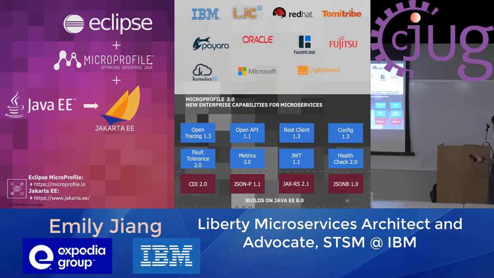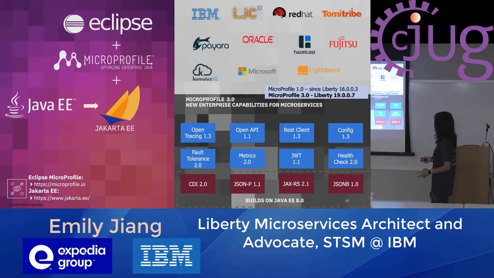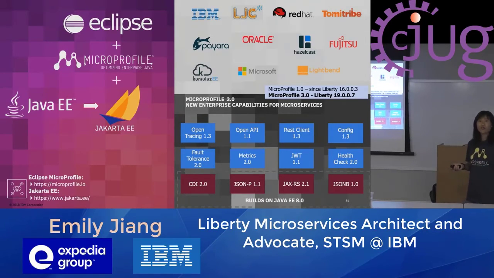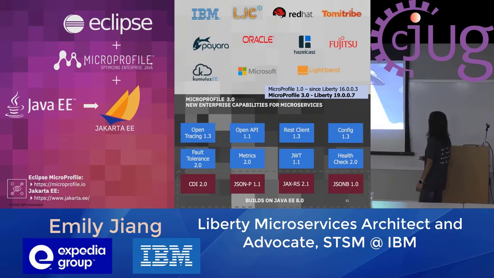And in Liberty, we are a strong supporter of both MicroProfile and Jakarta EE. Since the beginning of MicroProfile, 3 years ago, we were first to certify against 1.0. And then in July this year, we certified against MicroProfile 3.0. Considering 3.0 was only released in June, in July we passed all the TCKs.